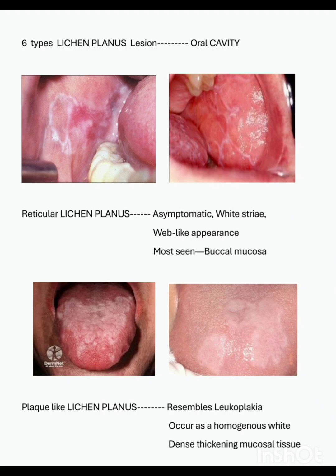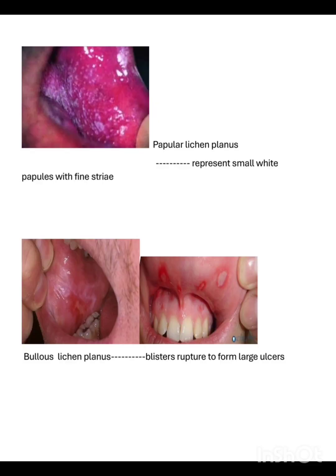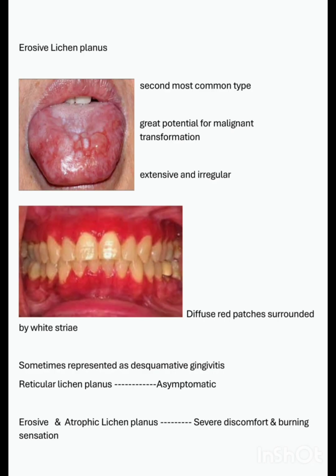Additionally, bullous lichen planus presents with very small blisters that rupture to form ulcers. The size of the ulcer varies from a few millimeters to several centimeters. The next type is erosive lichen planus. It is the second most common type of lichen planus and has a greater potential for malignant transformation.